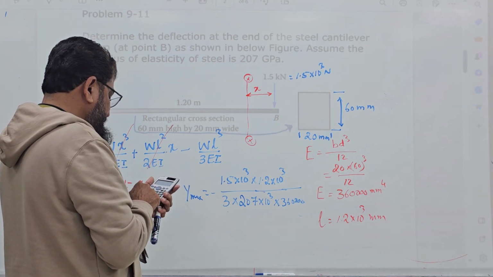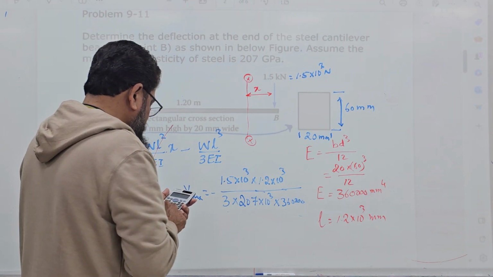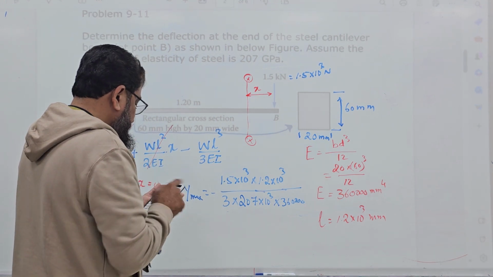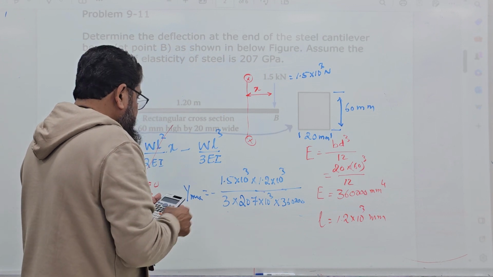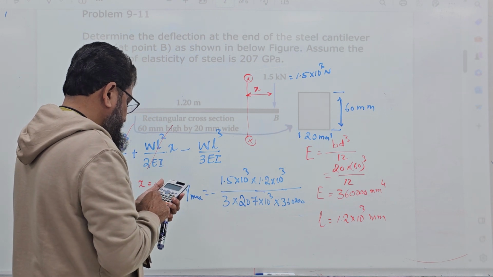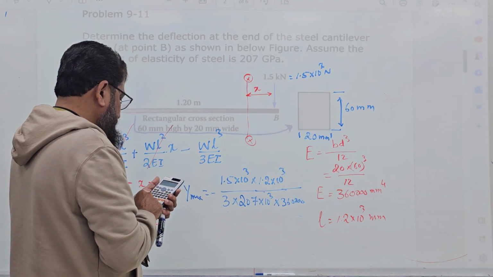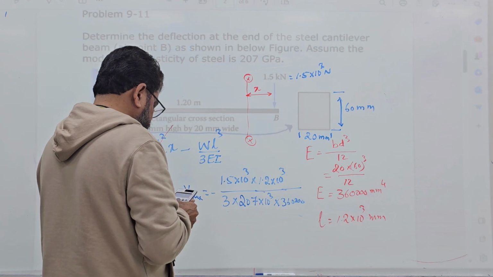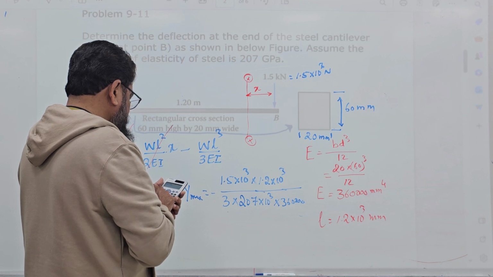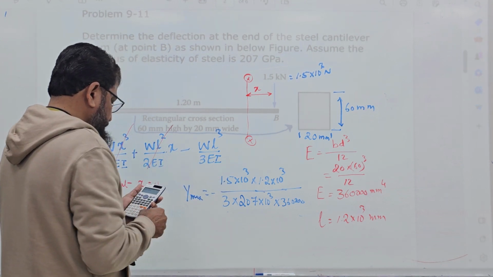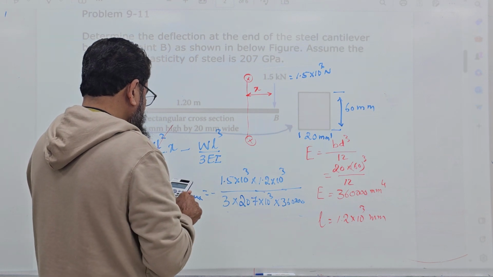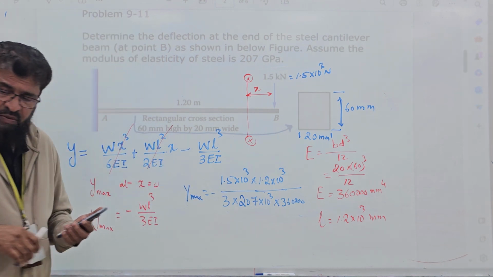Once we calculate 1.5 multiplied by 1.2, divided by 3, divided by 207, divided by 360, it gives me a very small number.